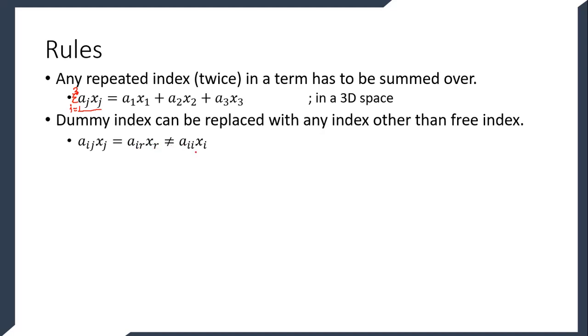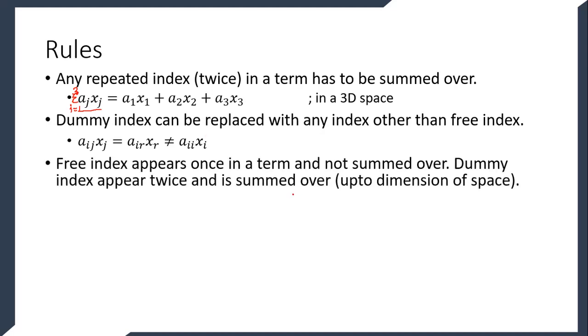But you cannot write it as aii, because i here is a free index. When i repeats one more time, then it will become a dummy index. So dummy index and free indices cannot be switched. We can replace our dummy index with any other index other than the free index.